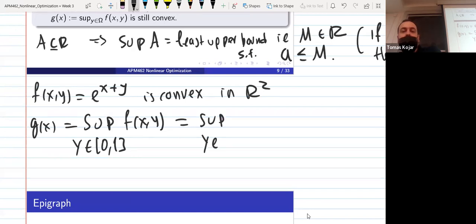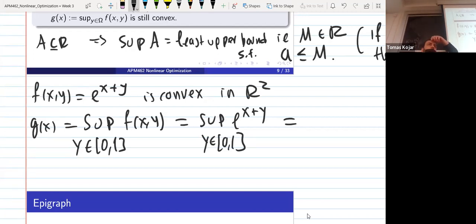So then this is e to the x plus y. Can someone tell me what that is equal to? You can compute the supremum here, like we just did it, like 2 seconds ago. Yeah, so what's the bound? No, for x, we're evaluating the supremum in y.